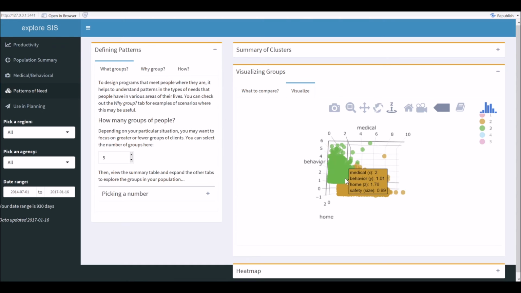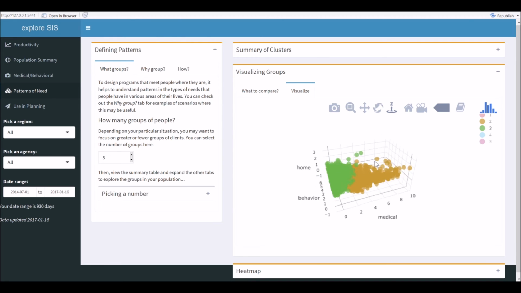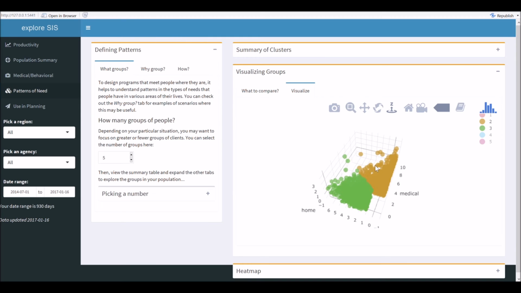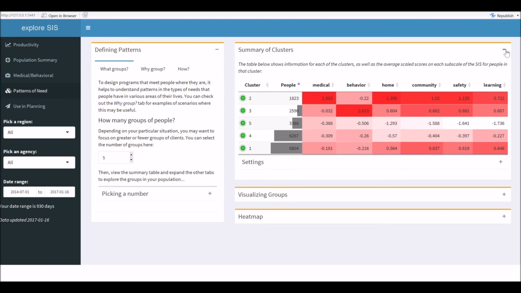This person may have significant medical needs, even though they're in group 3 here, which we had called the higher behavioral group. This person over here as well, right? So this is one way of digging into the complexity of the data underneath some of these summary tools that we have available as well.